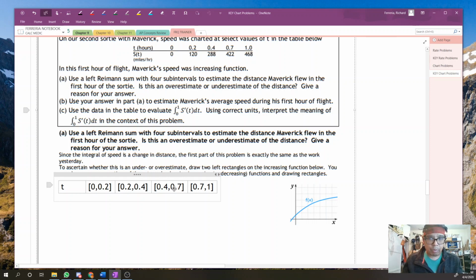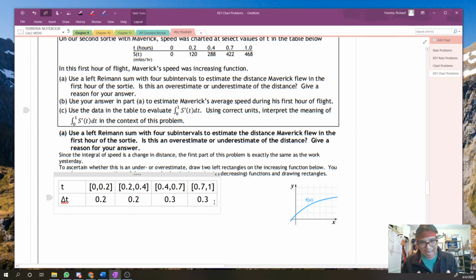Next is going to be a row for delta t. Just like last time, those delta t's are not consistent with every interval, so we can't use any shortcut rule to do this. Next thing for us is to find the height of the rectangle.